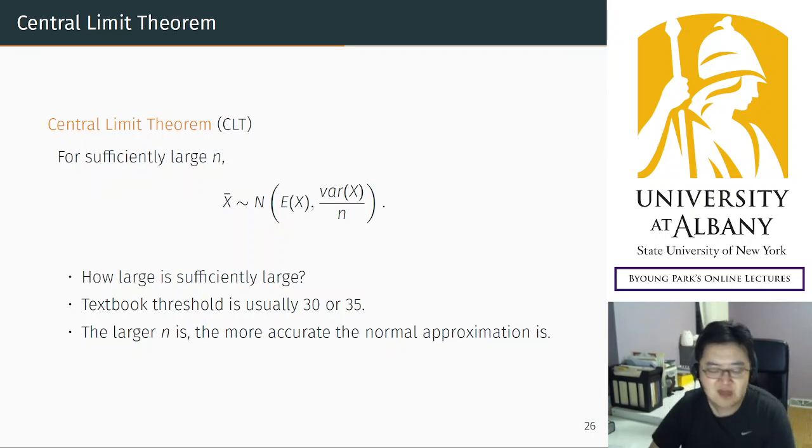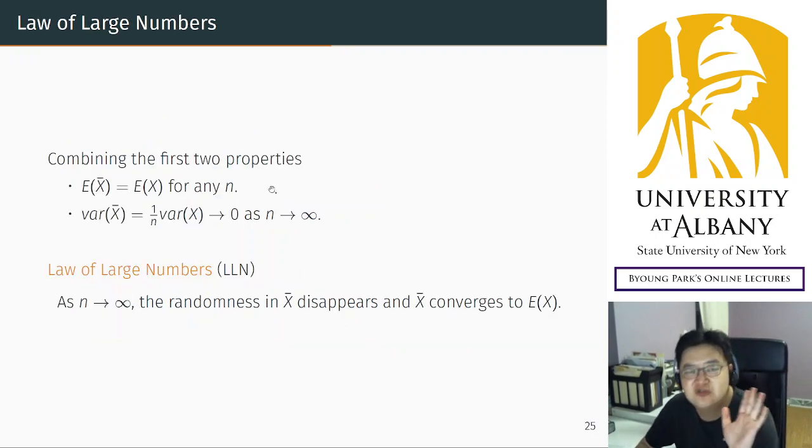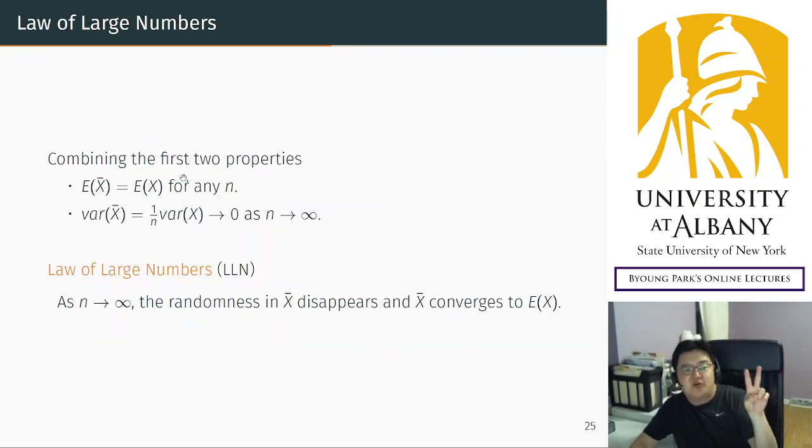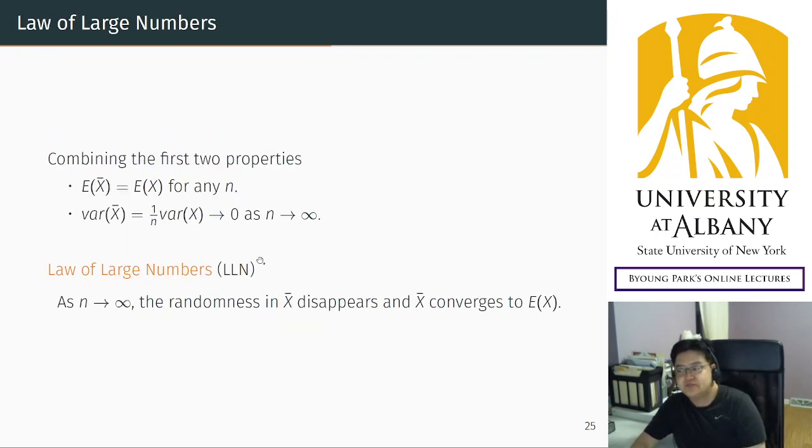So the simple conclusion is the more the better. Try your best to collect as many observations as possible. Anyhow, we learned two basic fundamental theorems: the law of large numbers, LLN, and the central limit theorem, CLT.